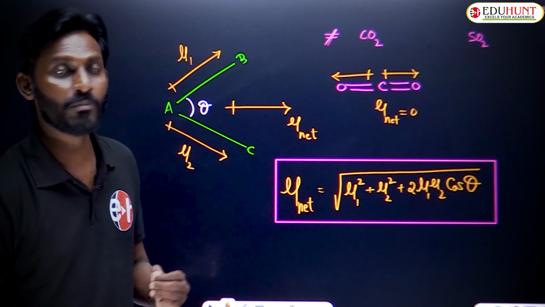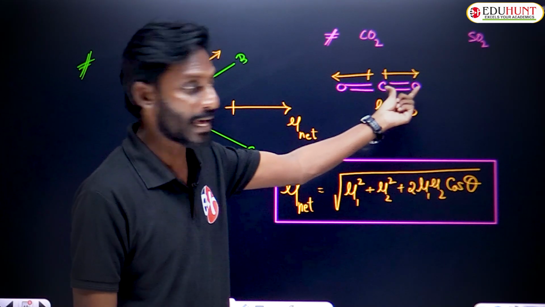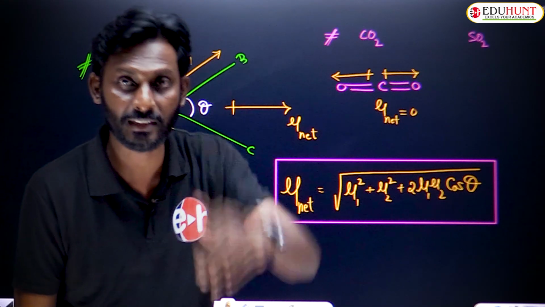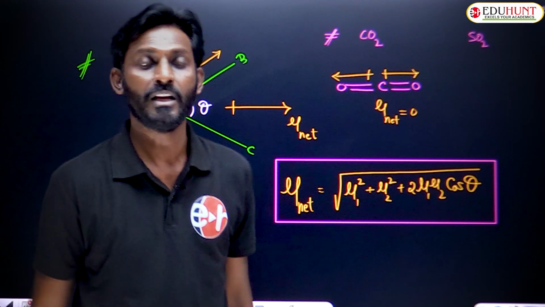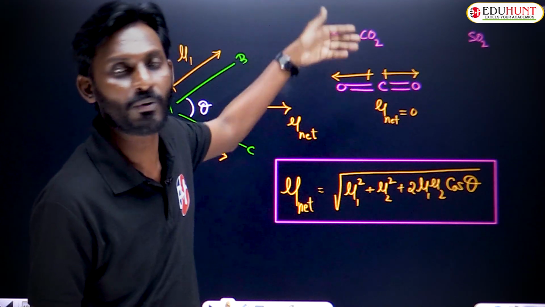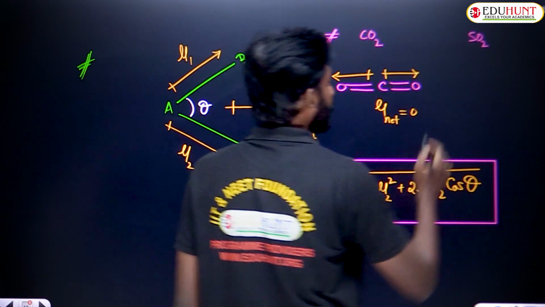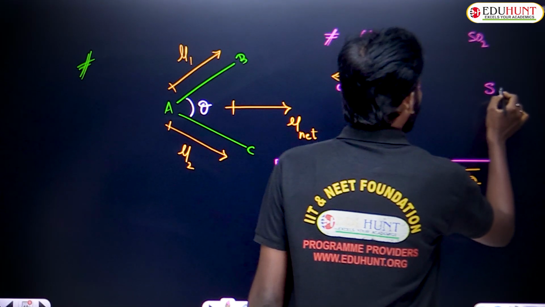The CO bond is polar, but direction also matters. So the net dipole moment is 0. This molecule is non-polar.